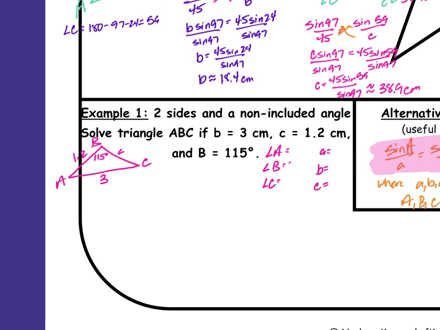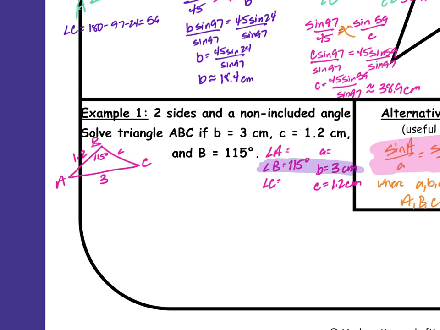So the only thing I know in my angles is B, 115 degrees. And I know side B is 3 centimeters, I guess I should label it, and side C is 1.2 centimeters. Okay, so the one that I know both my angle and my side are right here, the B's.